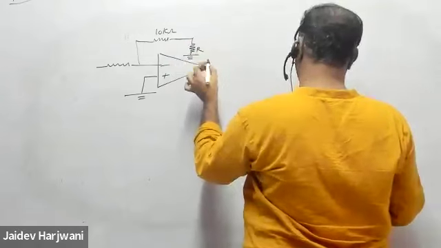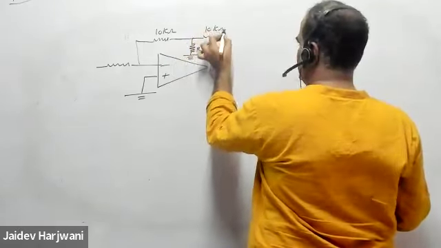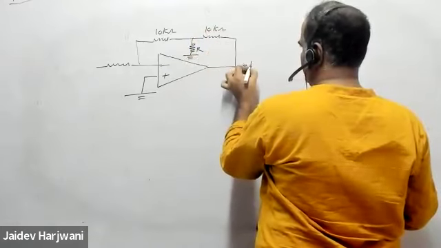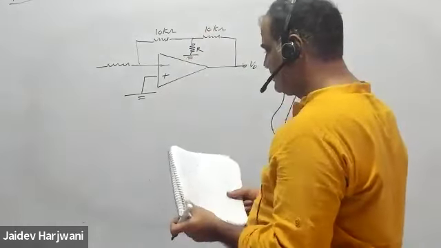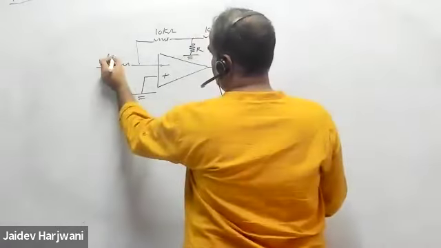This is grounded, and this is 10 kilo ohm, and this is V naught. Okay. And now we want to find the value of V naught. This is 10 kilo ohm.